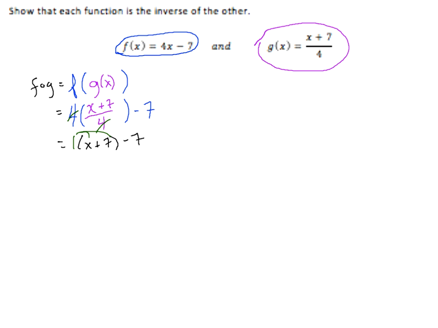Understood positive 1 in front of these parentheses that gets distributed. And that's x plus 7 minus 7. I have opposites there, and I end up with x. So I'm halfway done. Now I need to compose g with f.